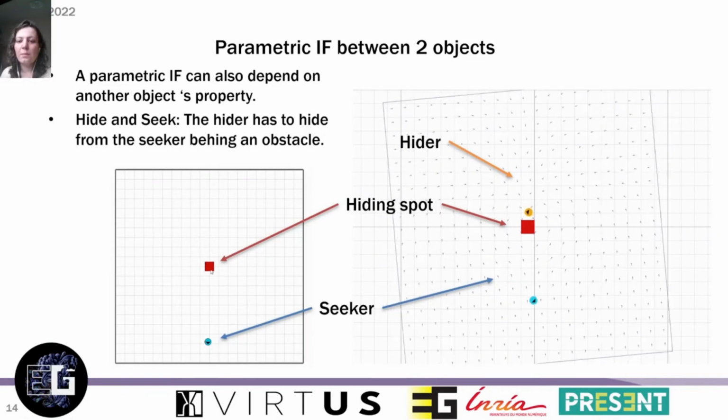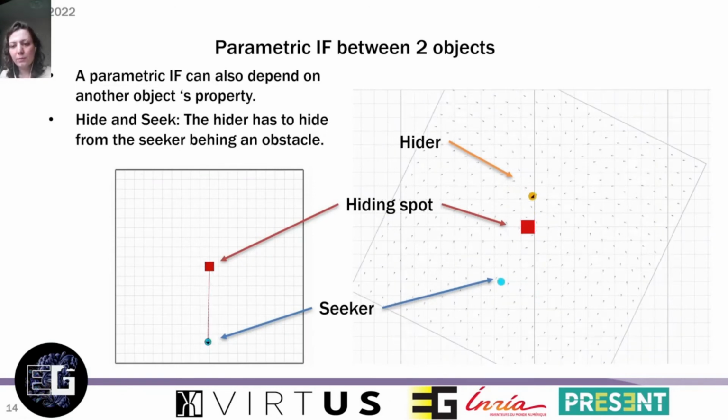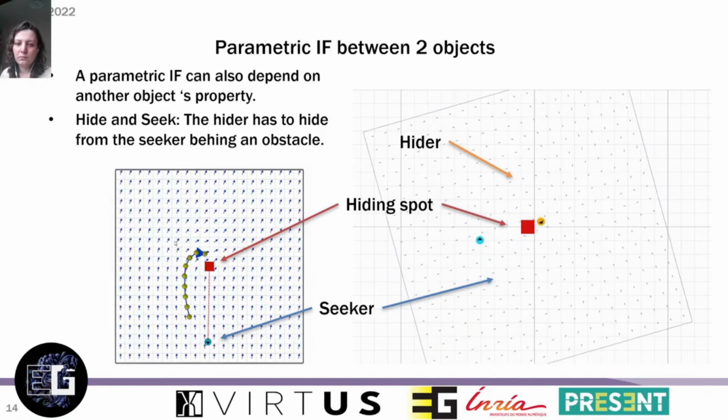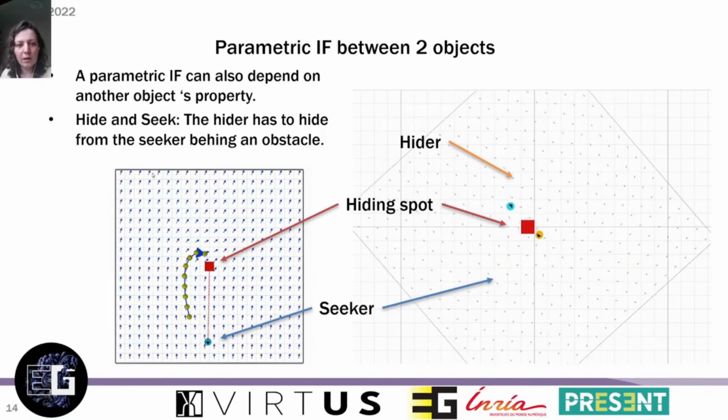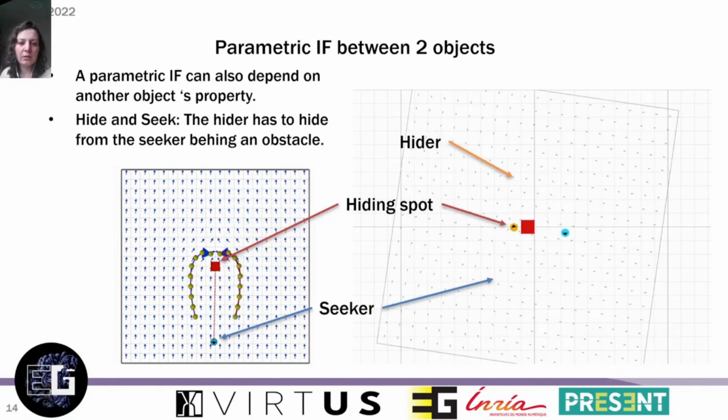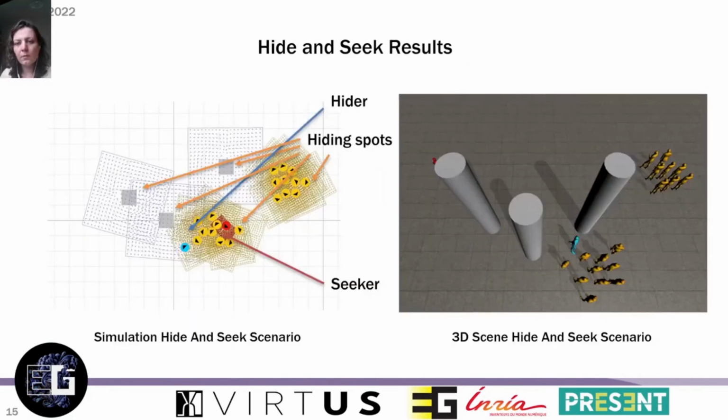This is the beginning of the hide and seek scenario. We have a hider in yellow, a seeker in blue, and a hiding spot in red. So let's complexify a bit the hide and seek scenario. Here we show that we can apply the same field to many sources.